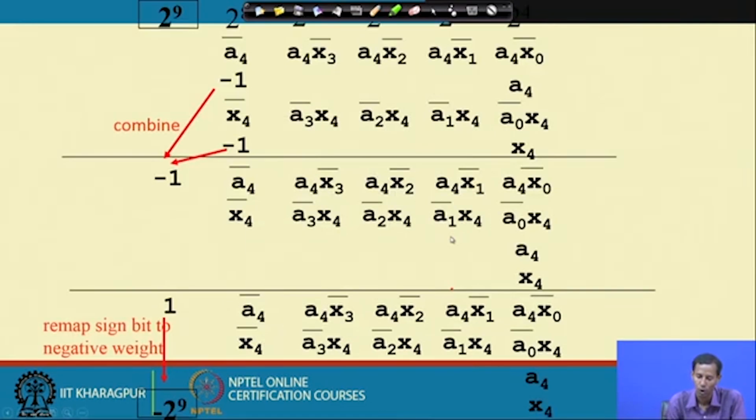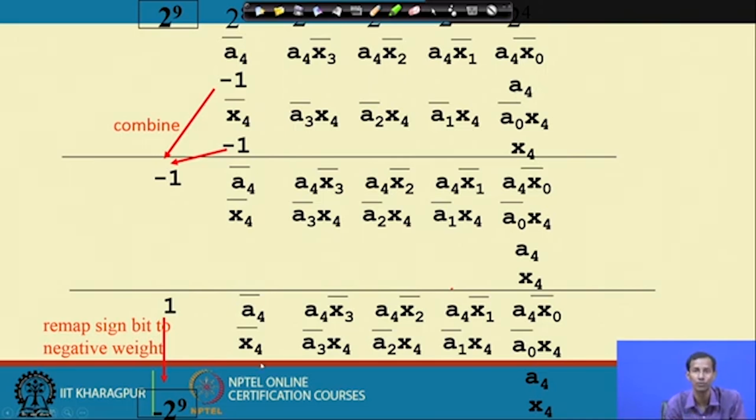Okay. So, at this 2 to the power 8 position, that is minus A4, minus 1, this is for whenever A4 is common. So, minus A4, minus 1, A4 x3 bar, A4 x2 bar, A4 x1 bar and A4 x0 bar, along with A4 at this particular position.